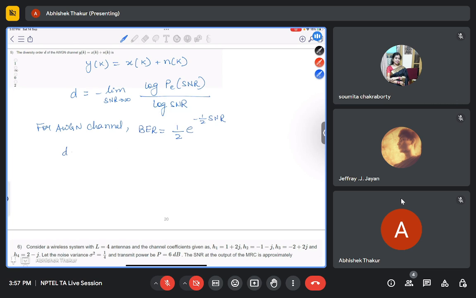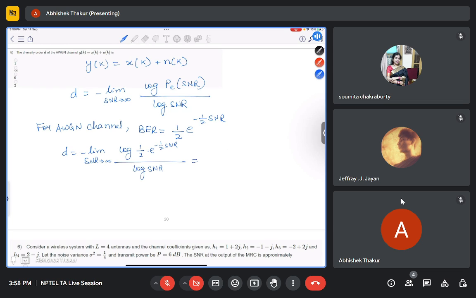So we'll use the same here. Log of half into e to the power of minus half SNR, divided by log of SNR.